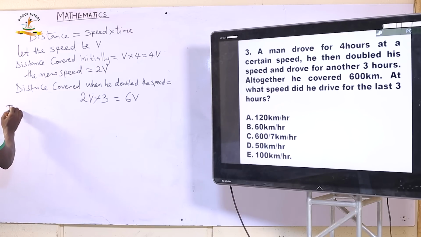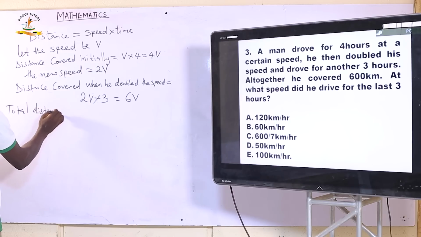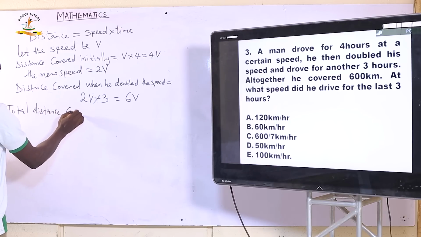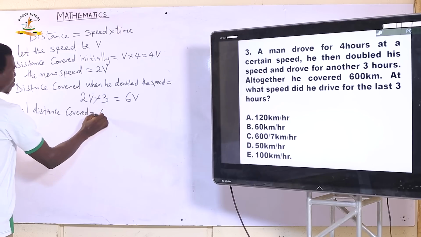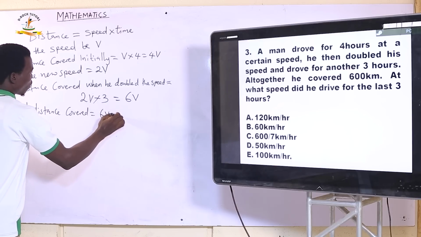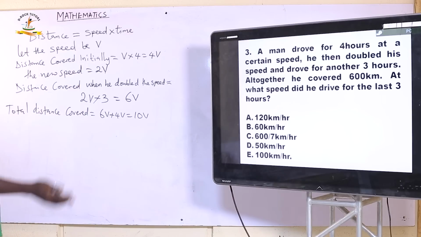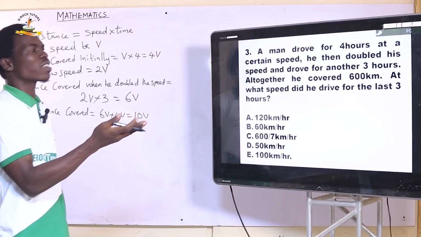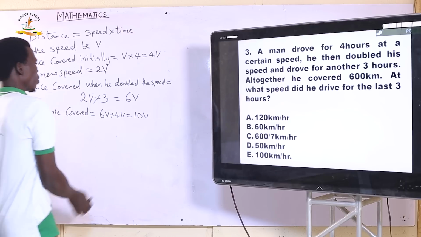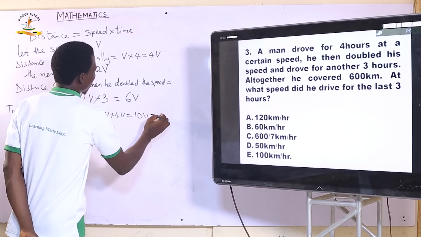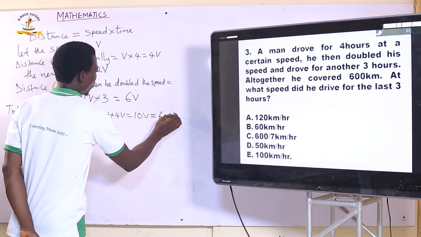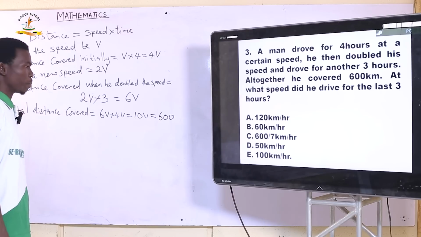So the total distance covered will be 6V plus 4V, and this is 10V. But the question told us that all of the distance together is 600 kilometers. So if I say 10V, it's the same thing as saying 600 kilometers.